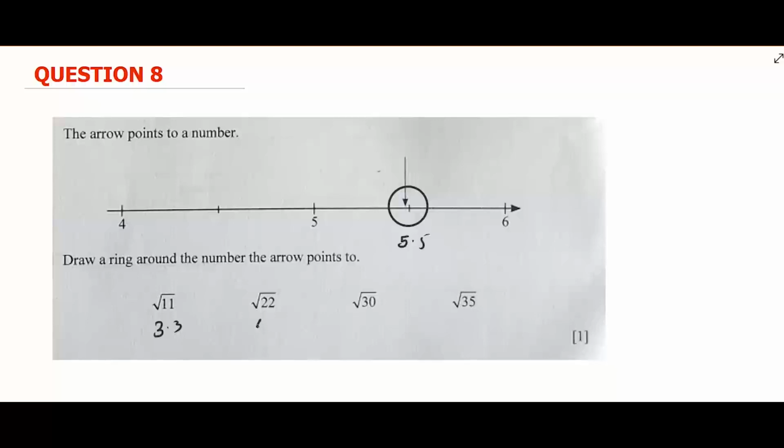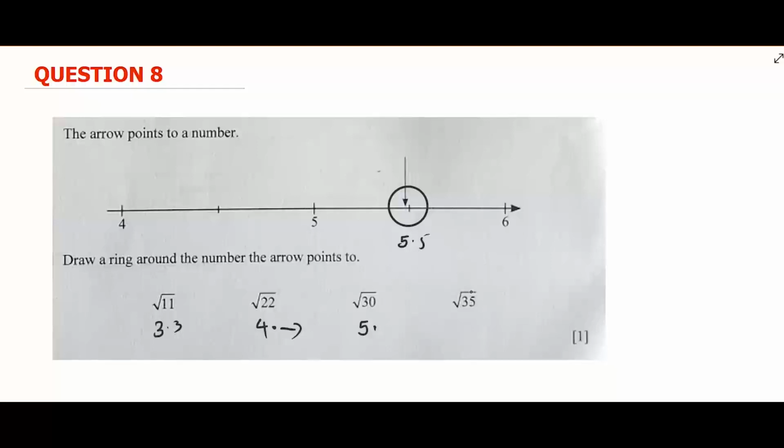Root 22 will give us 4 point something, which is also a little bit far from 5.5. So root 30 will give us 5 point something, right? Which is very close to 5.5.